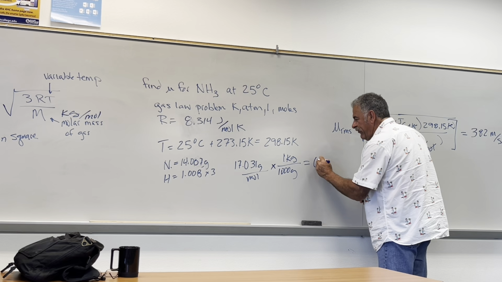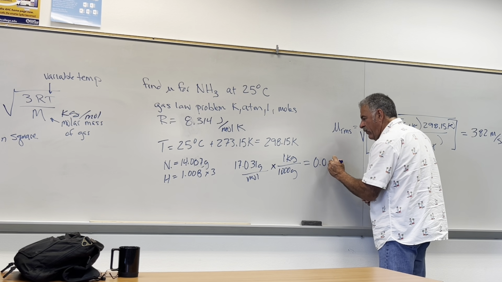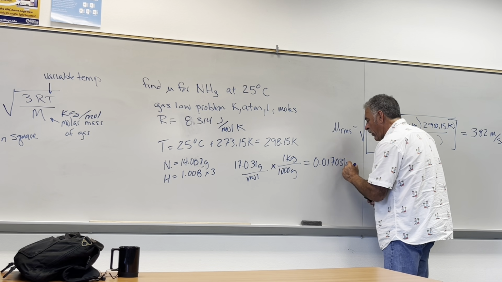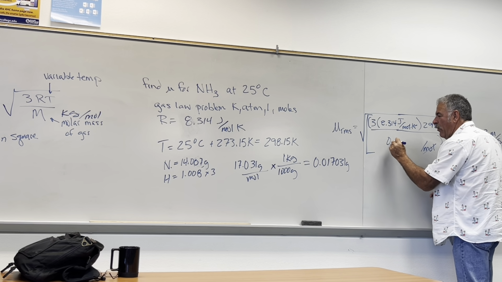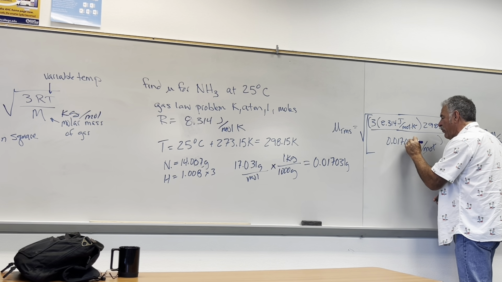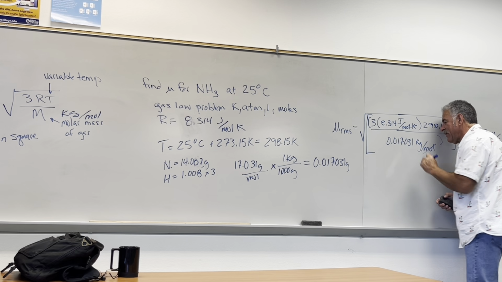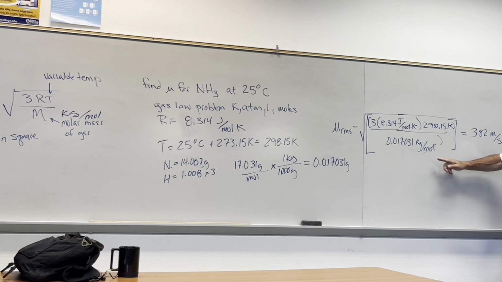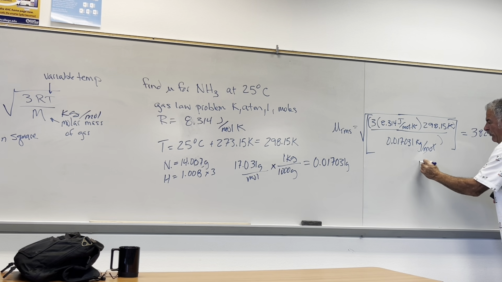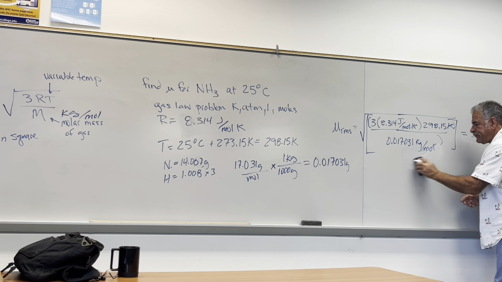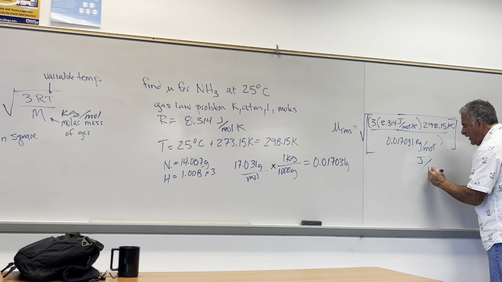And so this becomes 0.017031 kilograms, but not kilojoules, because we don't want to upset her. And then, so now K's cancel, moles cancel. We have joules. The units are joules per kilogram.